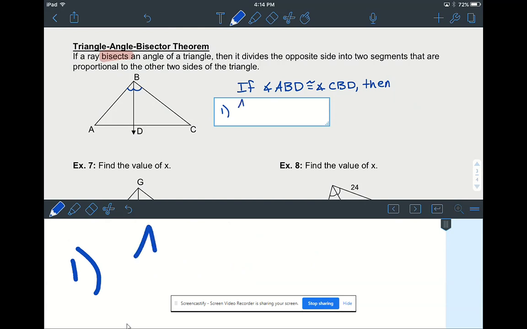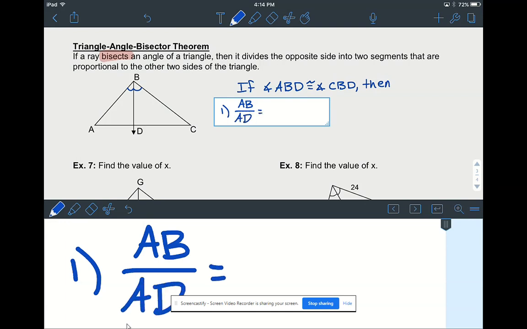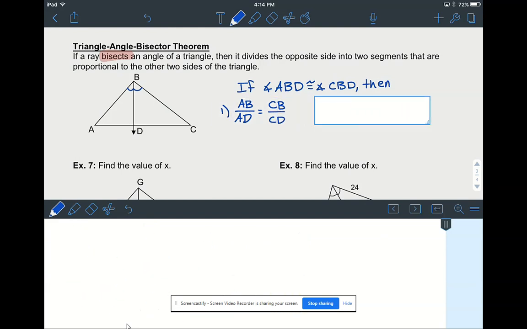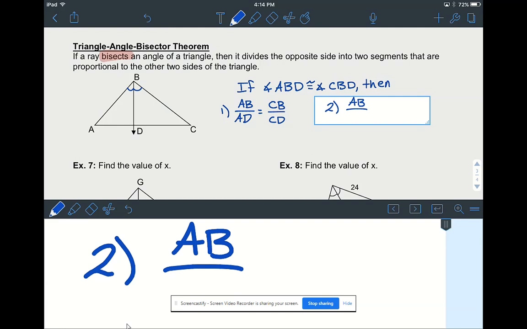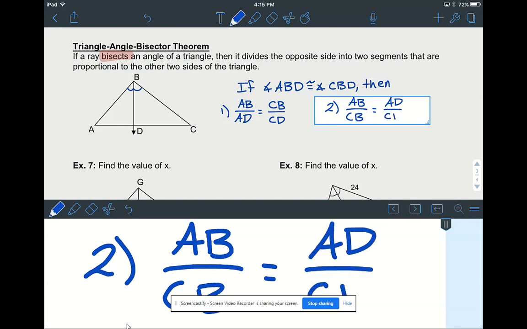So you could go left side of the triangle AB to its base of the left triangle AD is proportional to CB, the right side, to CD, the right base. Or the second proportion would be AB, you could go left to right. So the left triangle side to CB, and then the left base, AD, to the right base, CD. You could set up either of those proportions.